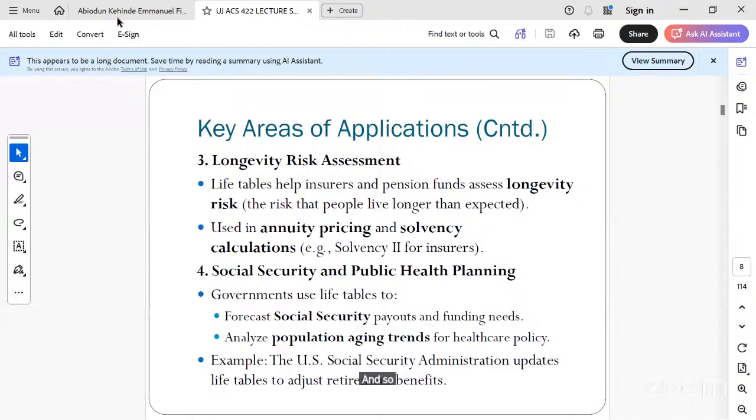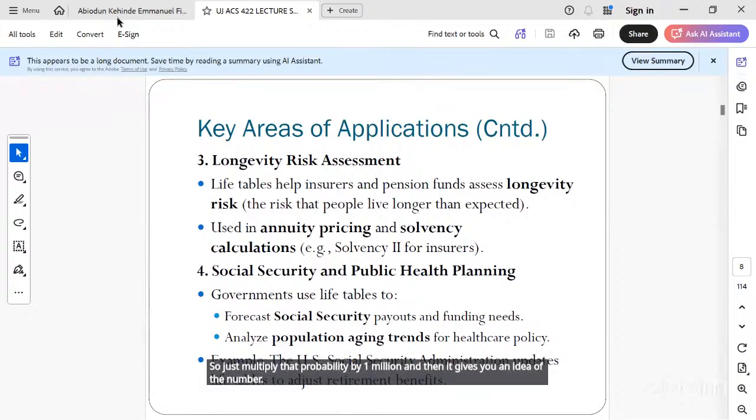So if you have all of those well documented, and you now have a population of maybe 1 million, to estimate the number of people that is expected to have malaria, the number of people that is expected to have typhoid, or the number of people that is expected to be sick, just multiply that probability by 1 million, and then it gives you an idea of the number.